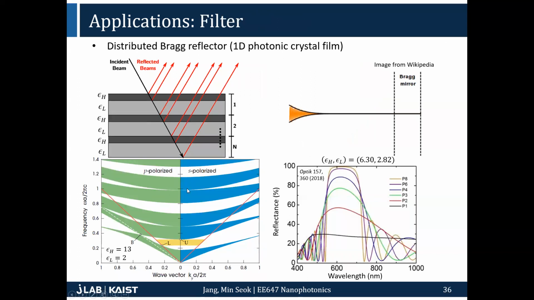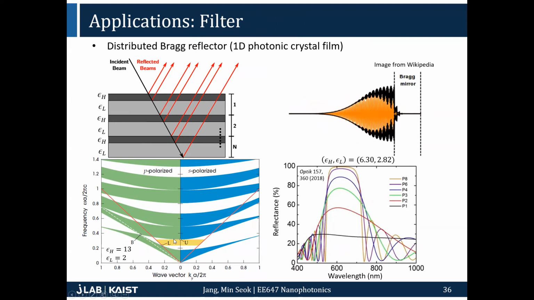And another application is you can make a filter out of a photonic crystal. Like this is just a 1D photonic crystal, which is also called a Bragg reflector, like alternating dielectric films. And if you have a Bragg mirror, you can see here you have a band gap, right? And when you have a band gap, if you think about the reflectance, of course, there's no allowed transmission in the Bragg mirror.